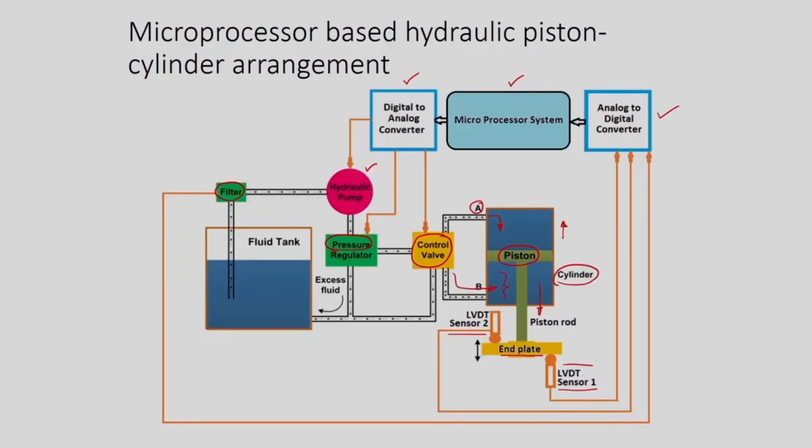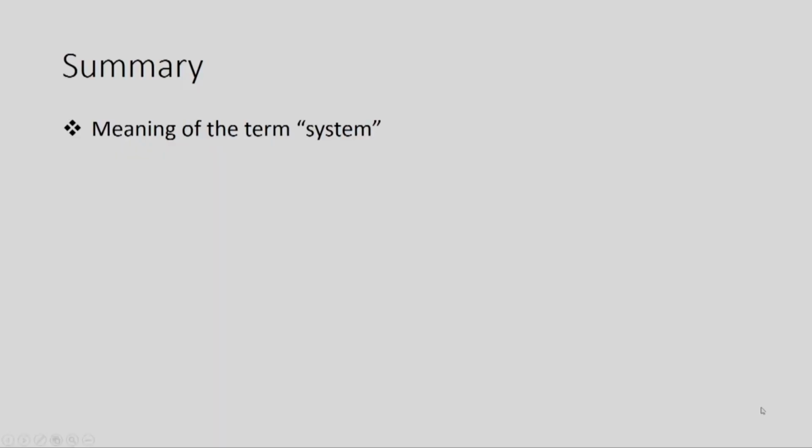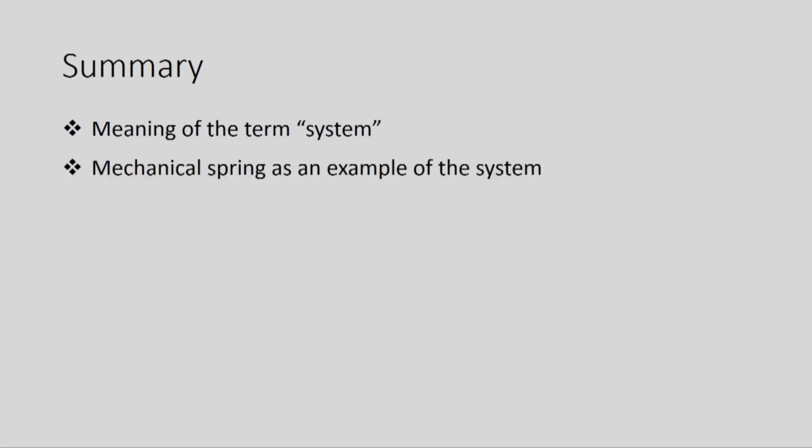So with this discussion, I would like to conclude this lecture. Well, my friends, let us summarize this lecture. We have seen in this lecture the meaning of the term system. We understood the principle of working of a mechanical spring in the perspective of the term system.